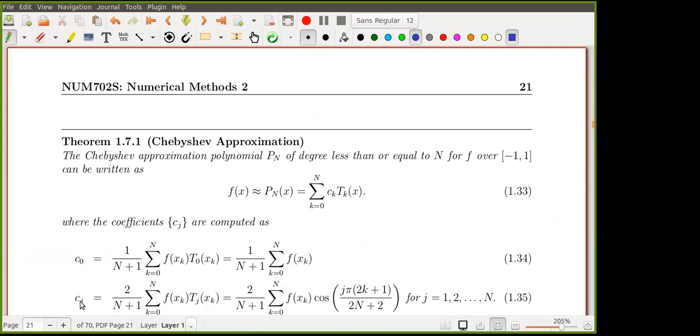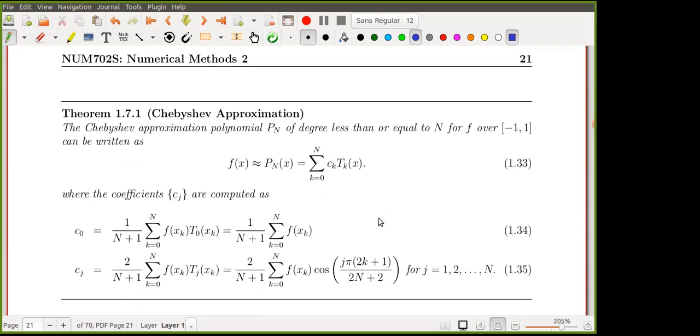Exactly. c_j, T_j, and then we have f of x_k and summation to m, where m is the degree of the polynomial here. So this is a polynomial. The sum here goes up to n, so we replace that with a capital N. So that is it.